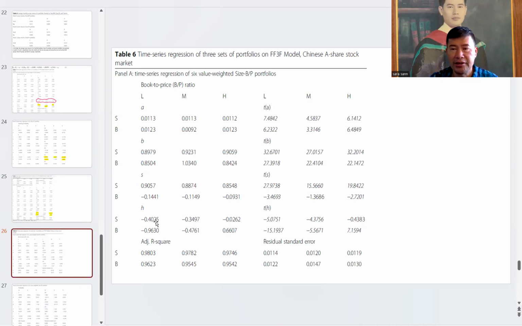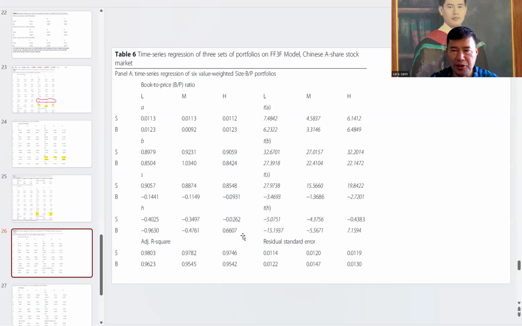Okay, for the H, book to market ratio relating to excess return. So we can see at the right side, all the T values greater than 2 are significant, but among the 6 portfolios, only one gives us a positive sign. It means when the book to market ratio increases, excess return increases by 66.07%.